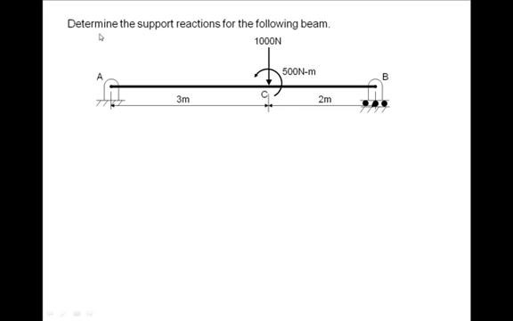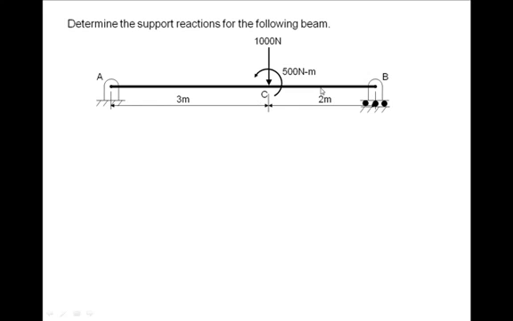Our objective is to determine the support reactions for the following beam. This beam is supported at A by what is called a hinge and at B by a roller. These are the symbols: this is the symbol for a hinge, this is the symbol for a roller.